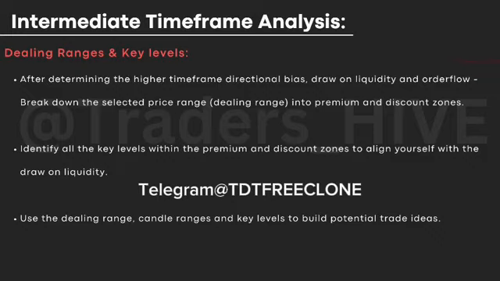And even within those dealing ranges, you are also going to select the respective CRT or candle ranges that support your anticipation and expectation for price and that you can use to frame your entry around or to build potential trade ideas around.